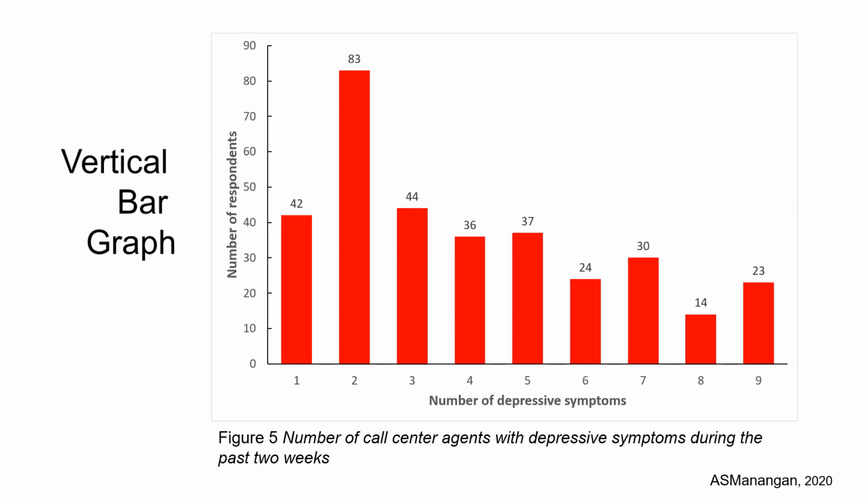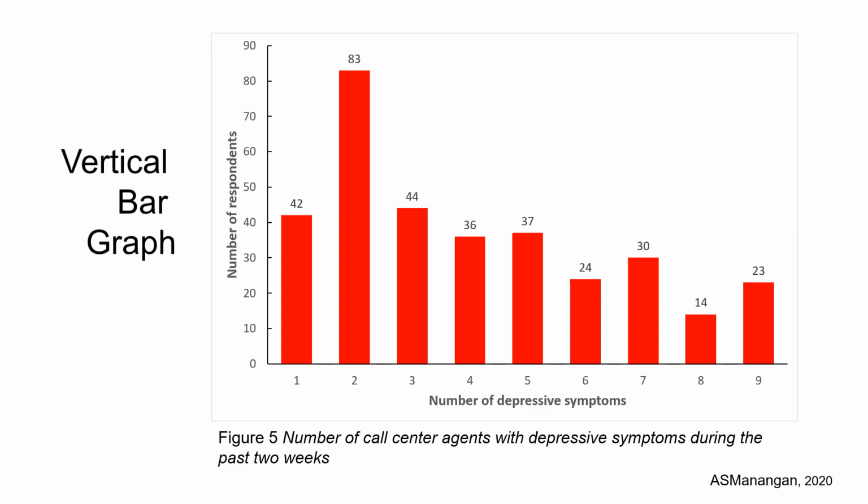The vertical bar graph is used for comparison of absolute or relative counts, that is, percentages or rates, between categories of a quantitative discrete variable. The number of depressive symptoms is the quantitative discrete variable and is placed on the x-axis, and the absolute counts, which is the number of respondents presenting with depressive symptoms, is placed on the y-axis.